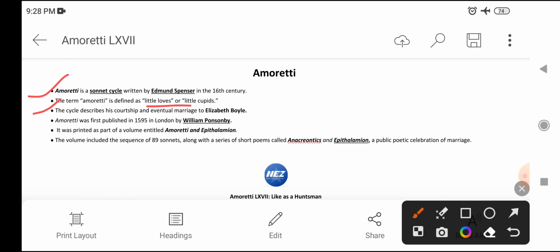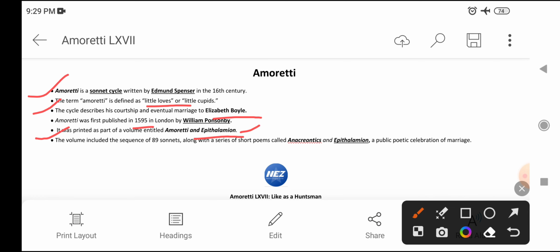This sonnet cycle was written by Edmund Spenser and dedicated to his future wife, whose name was Elizabeth Boyle. It was first published in 1595 in London, and the publisher was William Ponsonby, as a part of the volume called Amoretti and Epithalamion.